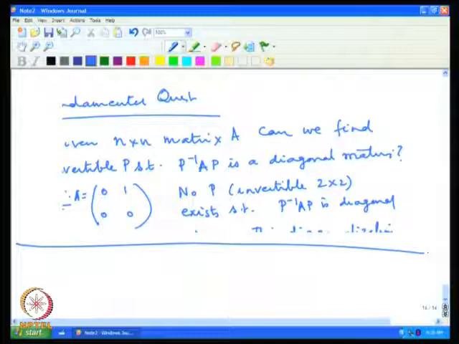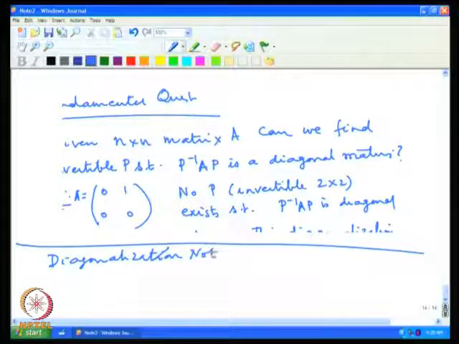Now, having got this criterion, if the criterion is satisfied, we will be able to do this diagonalization. If the criterion is not satisfied, we will not be able to do this diagonalization. Now, the non-possibility of diagonalization leads to two important things which we will be discussing in the class.